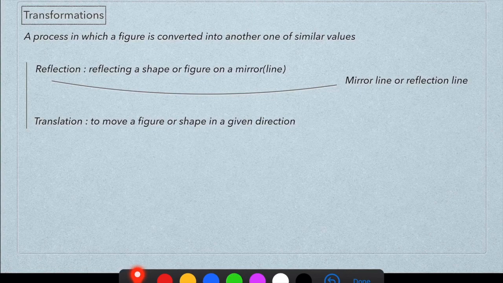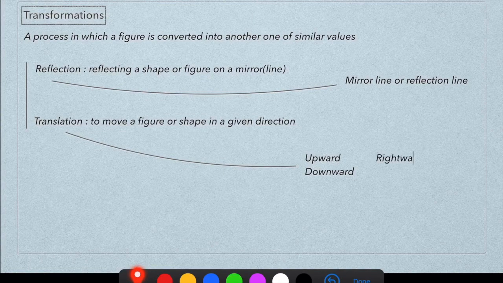So basically, about translation, the most important thing here is to notice that you need to move the shape in an upward or downward, rightwards or leftwards direction. So it depends on the question. If you're asked to move your shape up or down, you will do so.